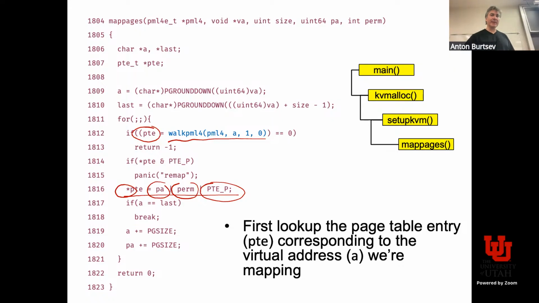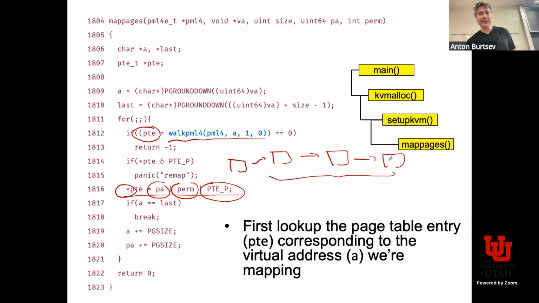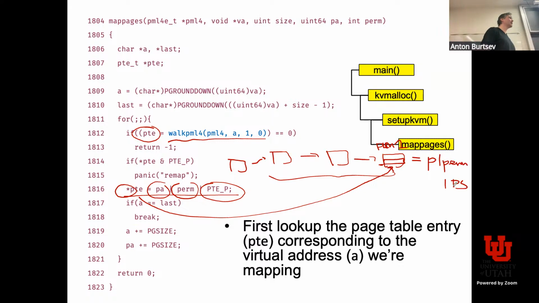Agree? And this walk PML4 essentially walks the page table and if needed, allocates those additional levels and connects them in a correct way. And this PTE is a pointer to the last entry, the PML1 level of the page table, and you're just writing a physical address plus the permissions, plus the present bit, right? Agree? Code suddenly makes sense.